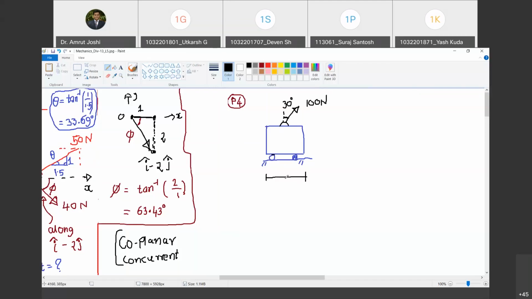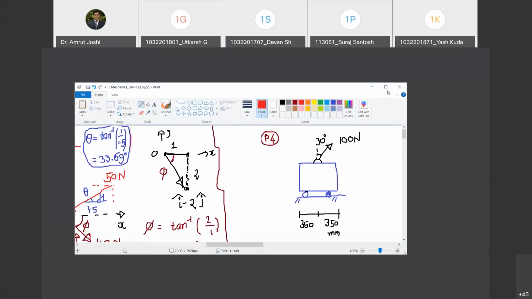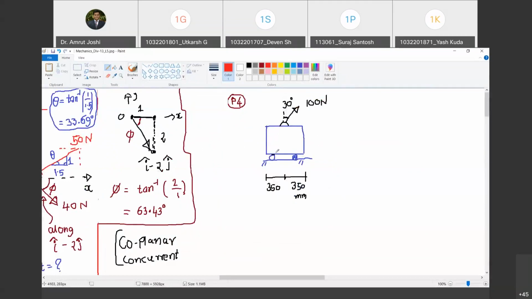This dimension is 350 mm. This dimension is also 350 mm. All dimensions are in mm. Once I have given one length dimension in mm, unless otherwise specified, all the other dimensions are also going to be in mm. And it is subjected to this kind of force system.